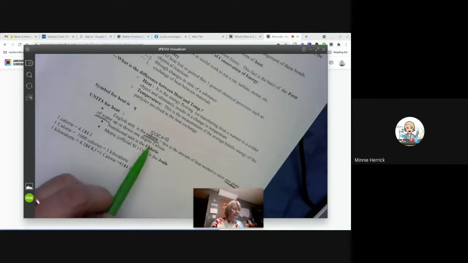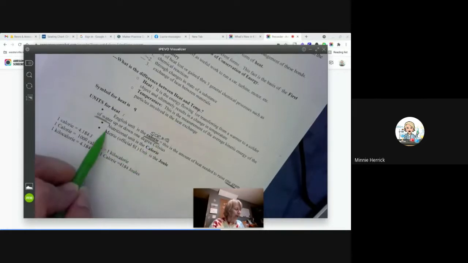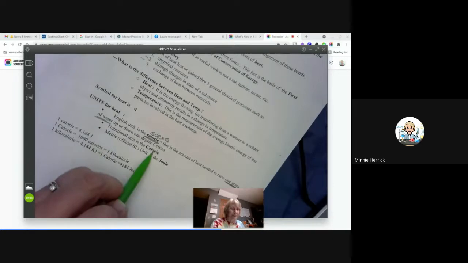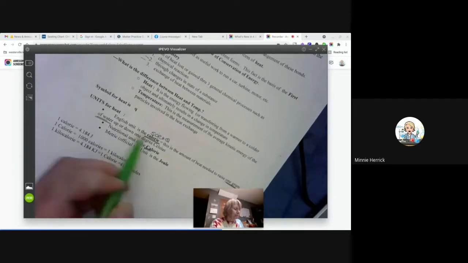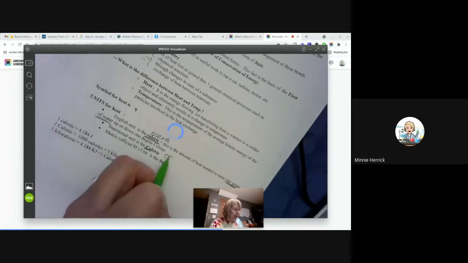So this science calorie was first designed, and they applied it to actual food calories, and food calories have a capital C. The science calorie has a small c.